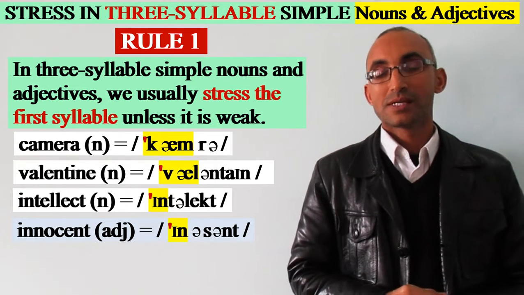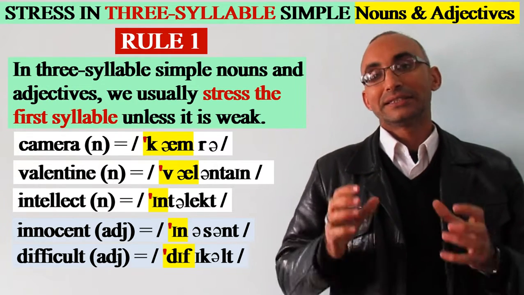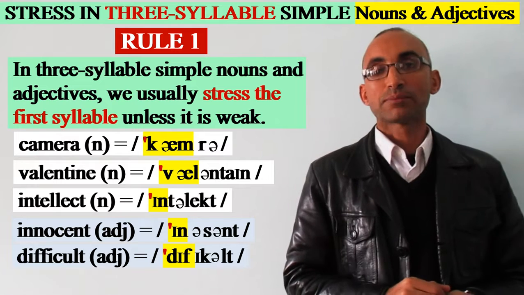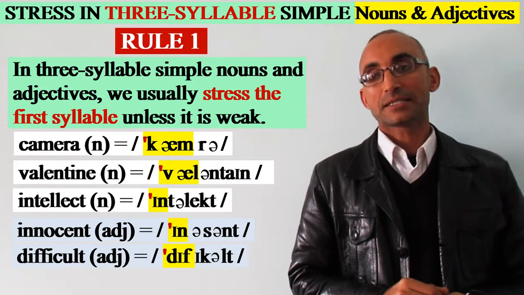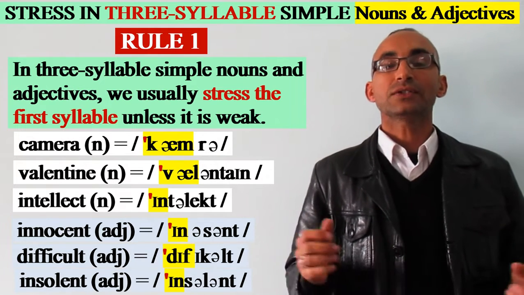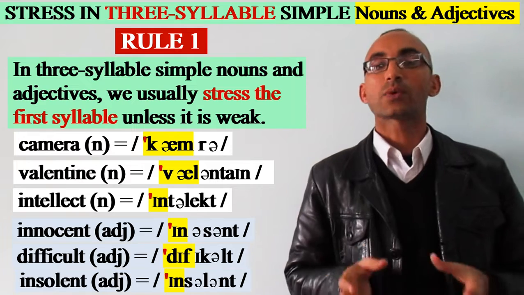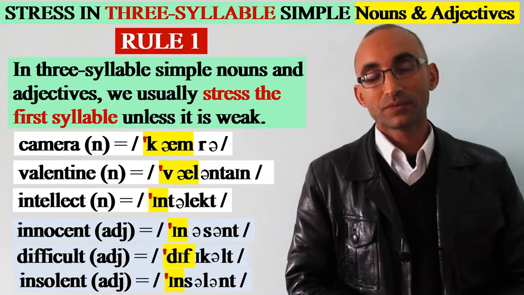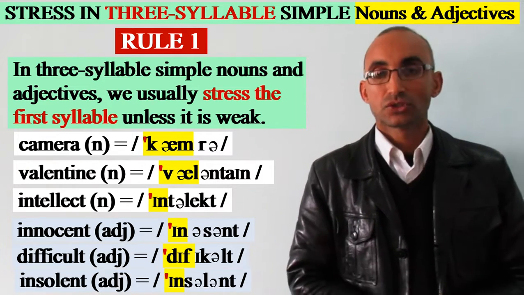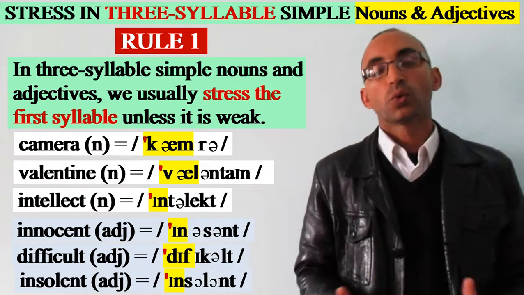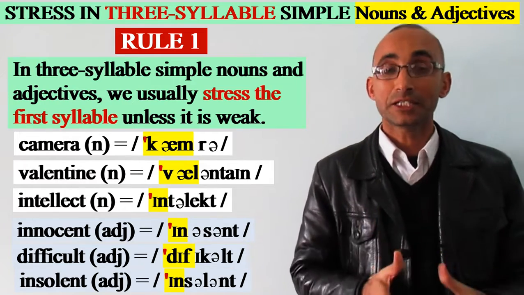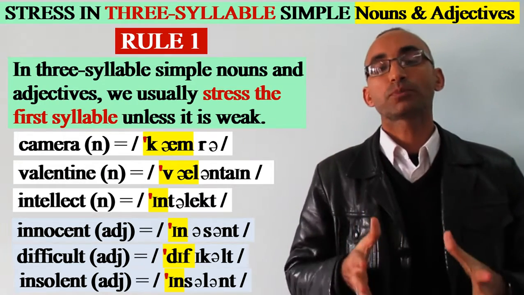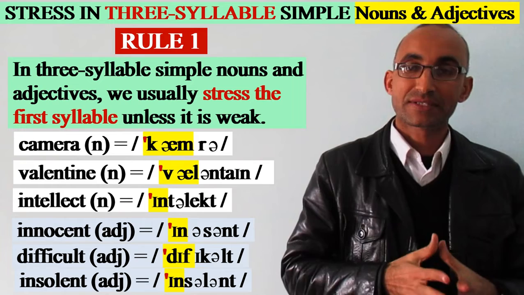Difficult, also here the first syllable in this adjective is stressed, and also insolent, so in is my first syllable and it is stressed. So generally and usually we stress the first syllable in three-syllable simple nouns and adjectives.